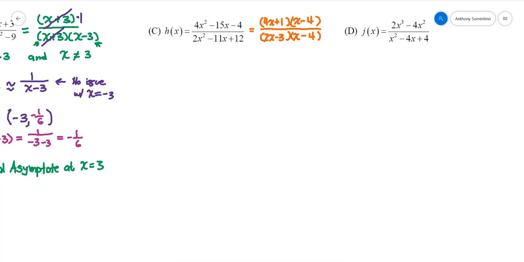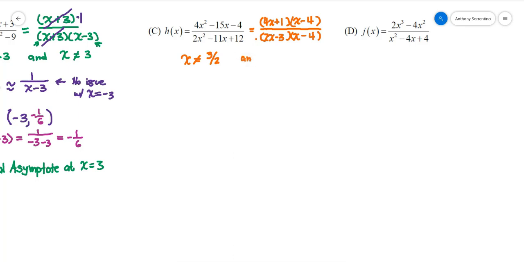So with this in mind, I could easily identify what the domain restrictions are. x cannot equal 3/2, or 1.5, because that's going to create an issue in the first factor.